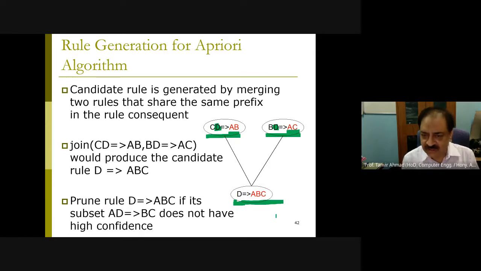Now, what are the subsets of this? You just check over here with this one. One of the subsets will be like this. Another subset will be like this. Because these rules are generated from ABCD, if it does not have a higher confidence, I can very well prune those rules from there.